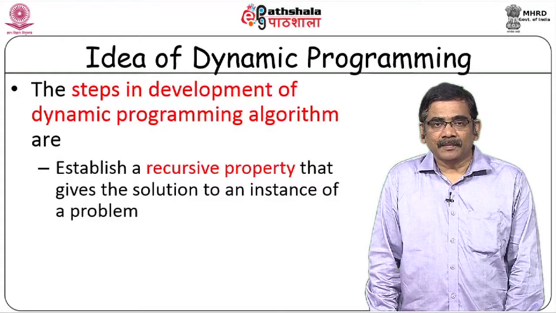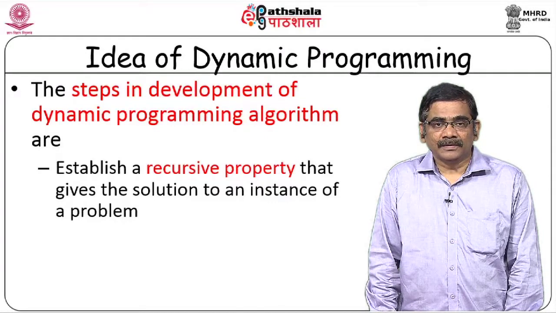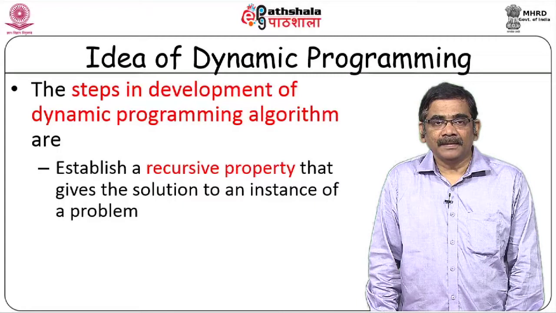The recursive property establishes the relationship between the problem and its subproblems, and as part of the strategy we develop a table and enter the solutions of the smaller problems into the table.